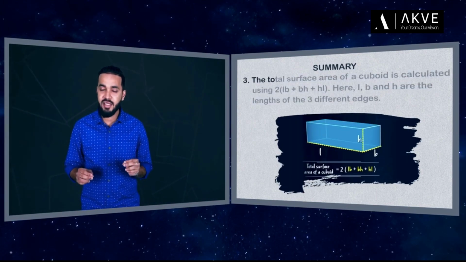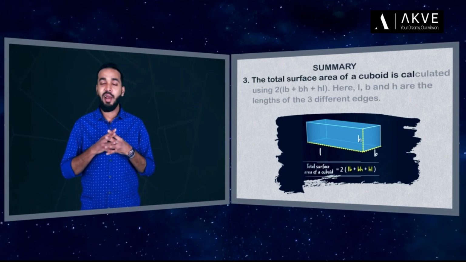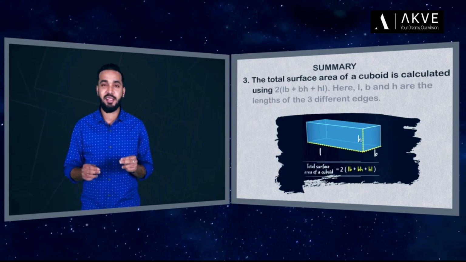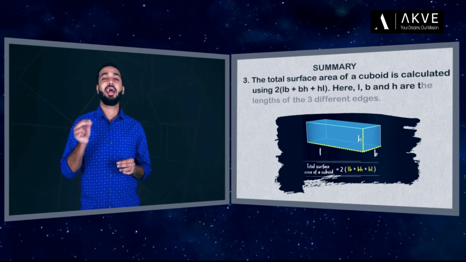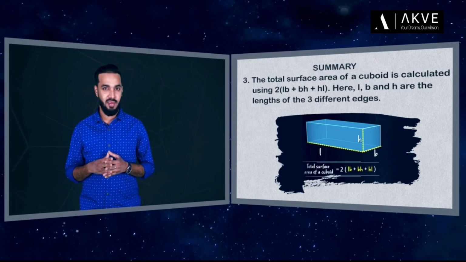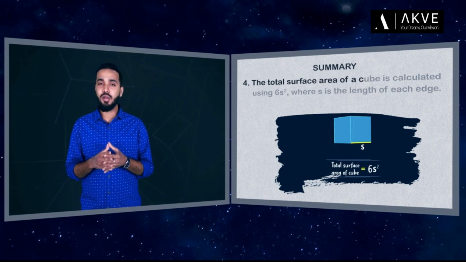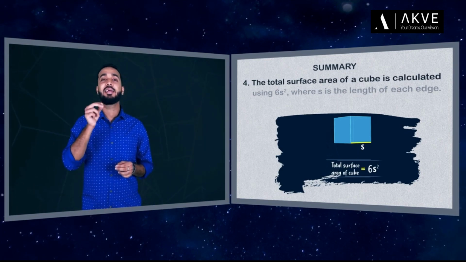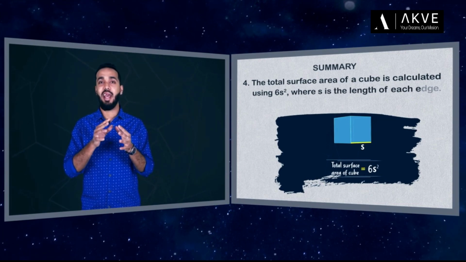The total surface area of a cuboid is calculated using 2 into (LB plus BH plus HL). Here, L, B and H are the lengths of the 3 different edges. The total surface area of a cube is calculated using 6S squared, where S is the length of each edge.